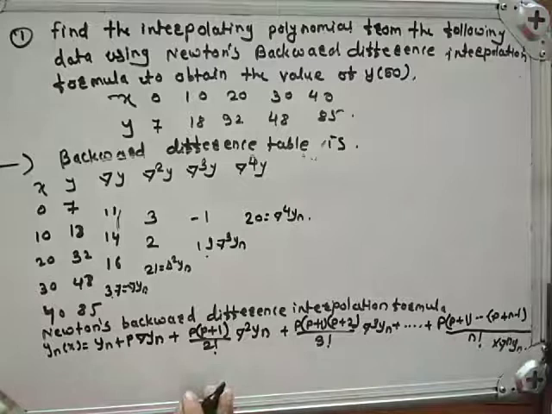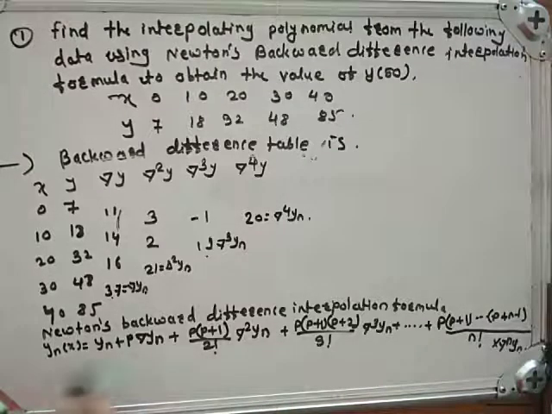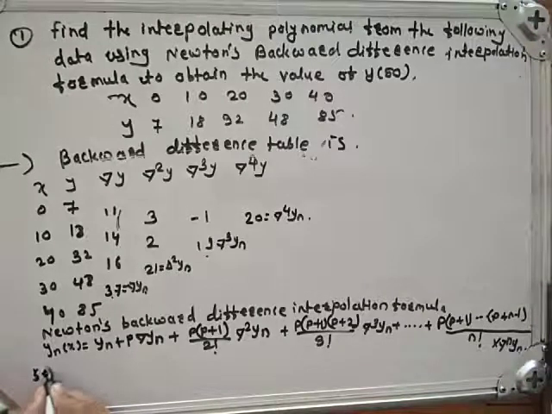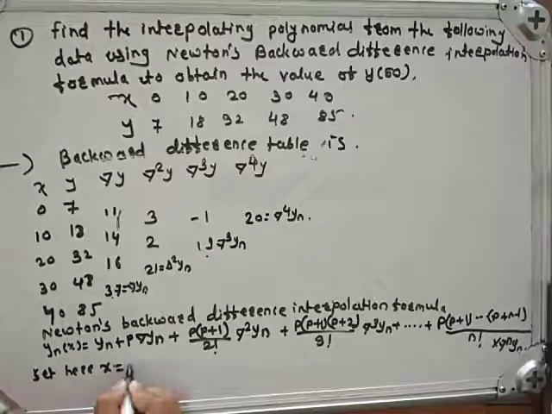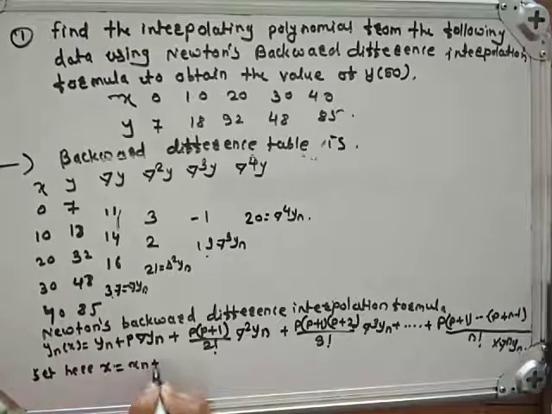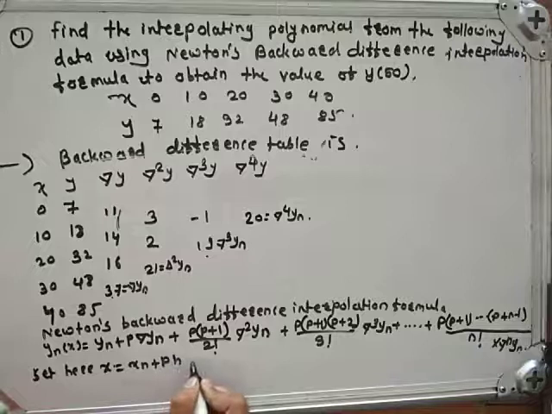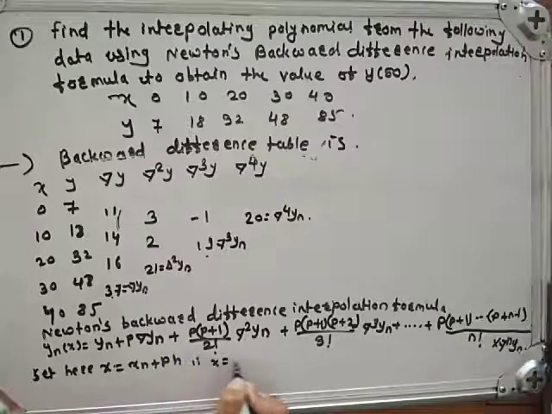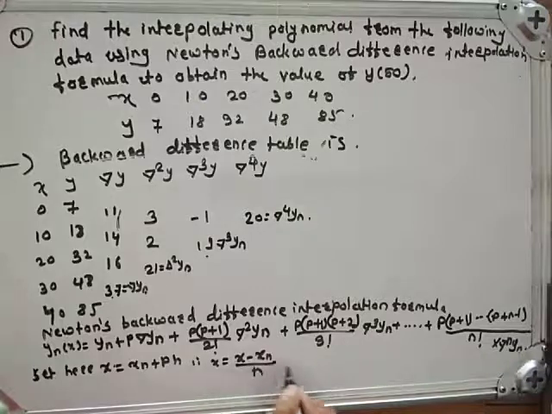Okay. Here we set x is equals to xn plus ph. So we will get p is equals to x minus xn upon h.